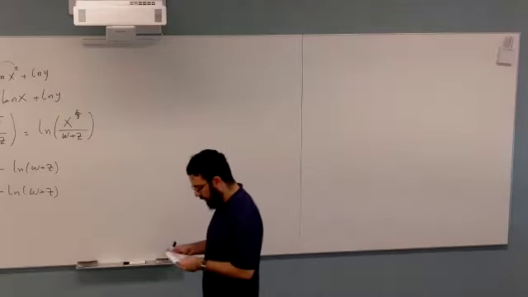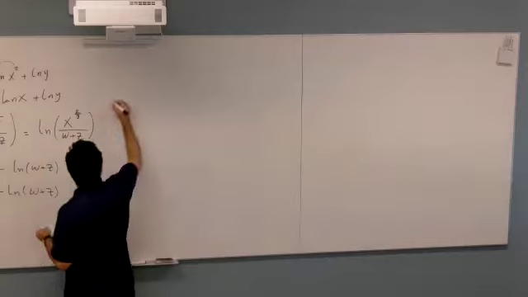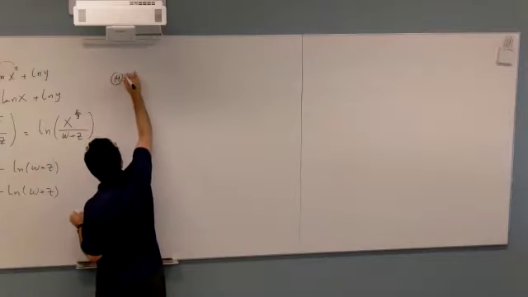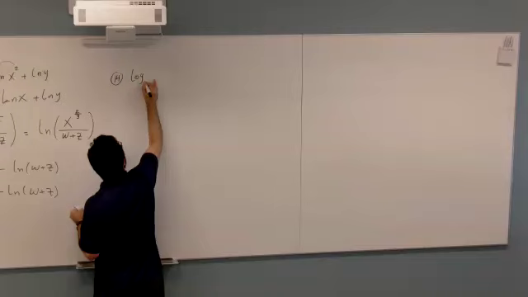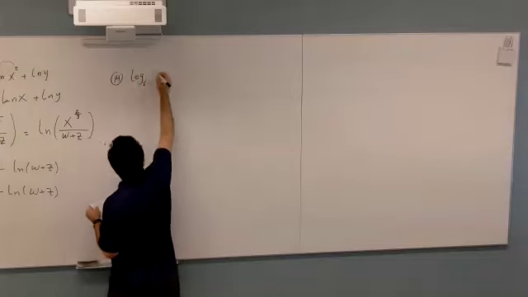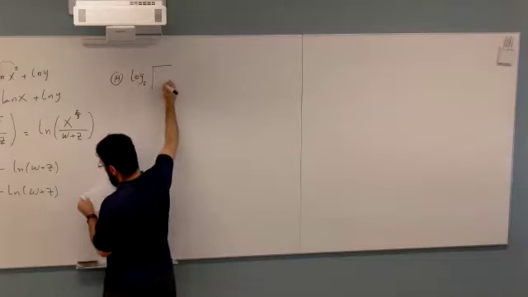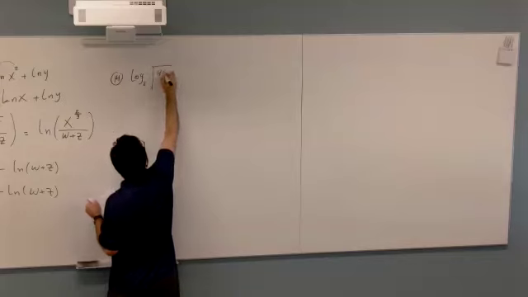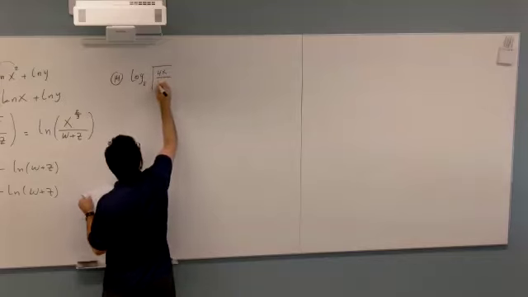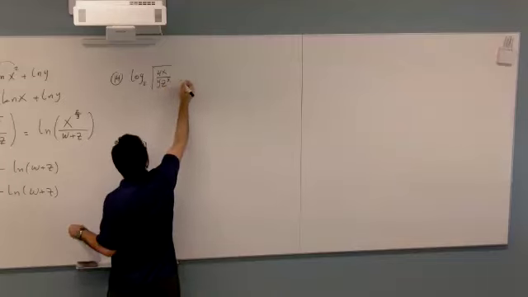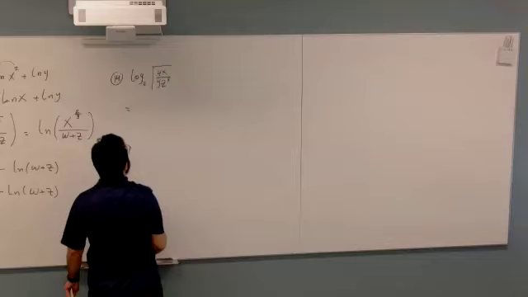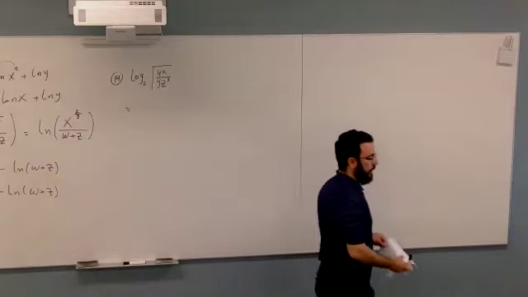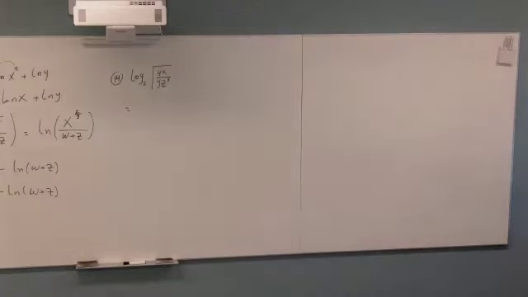Number 14, we have log to the base 2 of the square root of 4x divided by y z cubed. How are we going to use the properties to solve this one? What's the first thing you're going to start with?